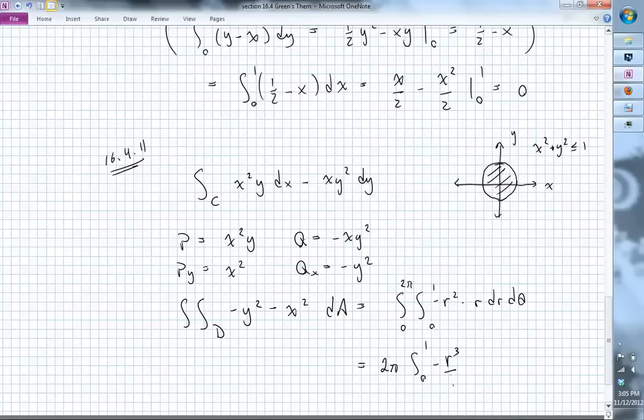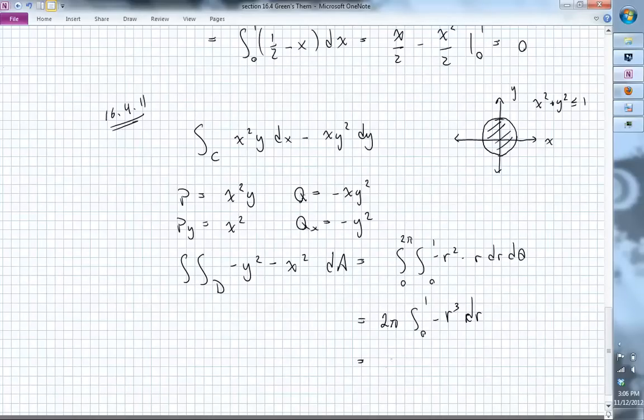And the theta integral's already done. And I can finish this off relatively quickly. It's negative pi over 2, whatever that means. So when you get to that double integral, you're then free to use whatever tools you want to evaluate the integral. Okay? Questions about that?